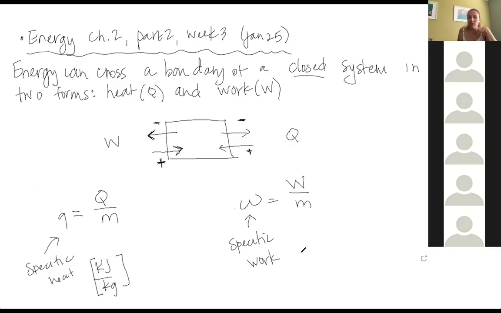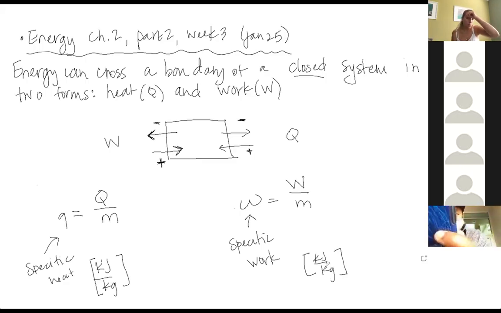And this will still have units of kilojoules per kilogram, unless there's some sort of time component. If we're looking at energy per time, then it would be in kilowatts. But if we're just looking at basic work, it would be kilojoules per kilogram. When you add time, kilojoules per second, that's where you get to watts.